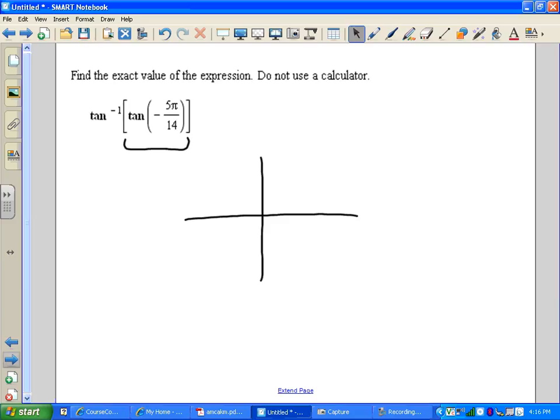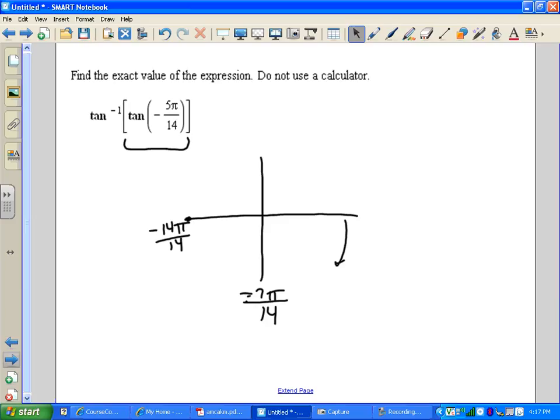And so if we're going negative in the direction here with this, if we went all the way around to the third quadrant, that would be negative 14 pi over 14. And so halfway would be negative 7 pi over 14, which is still just negative pi over 2, but I'm thinking of these in terms of 14ths. And so what I'm trying to do is figure out what quadrant that would lie in.